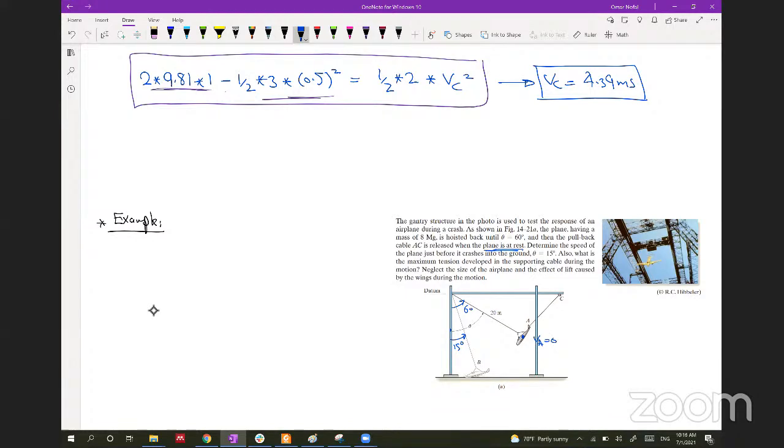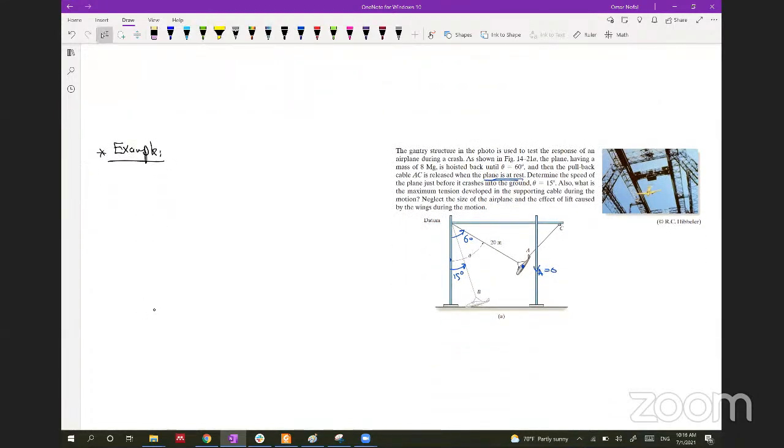Okay, so let's draw a free body diagram to identify what forces we have on this body.